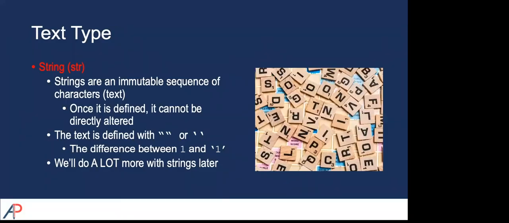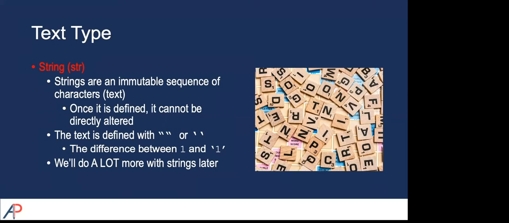So a string, abbreviated as str, and we're going to be using str in Python, is an immutable sequence of characters. Immutable means that you cannot change it. Once you've created your string, that's it. You cannot change it. You can't replace a letter through brute force. We'll talk about methods eventually that will allow you to circumvent the issue of not being able to change a certain string.